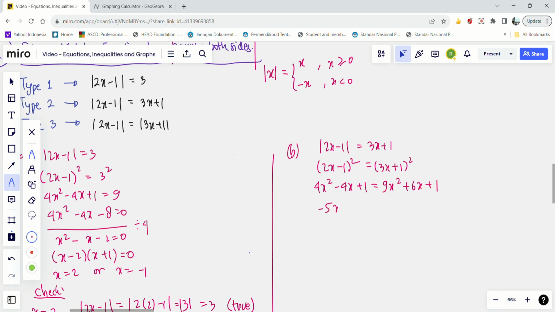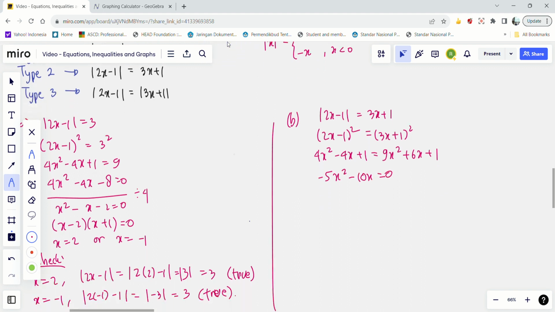We rearrange, so we'll have this equals 0. Typically, I always want the coefficient of a in my quadratic equation to be non-negative, so I'll usually divide by this. Then only I factorize. So x equals 0 over here, and x equals -2. So we got two solutions.